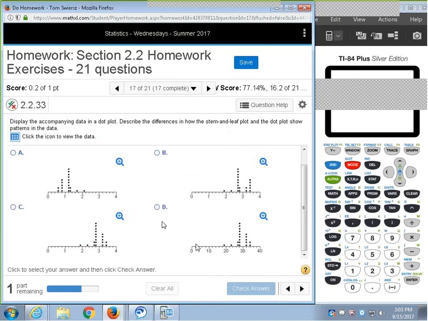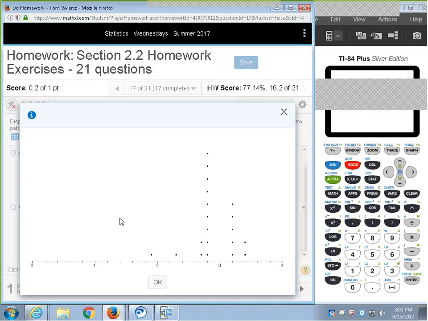And so we know D is wrong. They're not 10, 20, 30, 40. Now, the most common is 2.8. It looks like 2.8 might be about right there. So let's go ahead and choose C and see if that matches up.